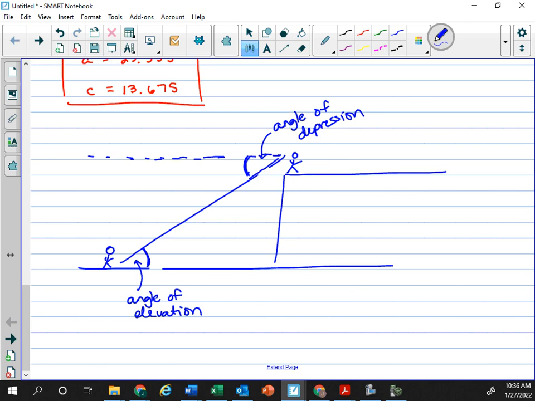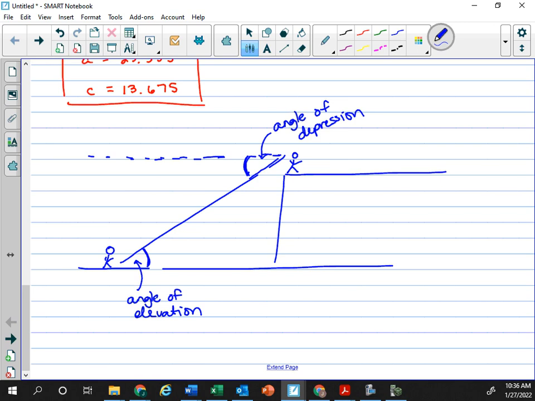Okay, what do you notice about the angle of depression and the angle of elevation? They're congruent, yeah? From geometry, again, parallel lines cut by a transversal, alternate interior angles are congruent. Remember, yeah, flashbacks for some, I see.